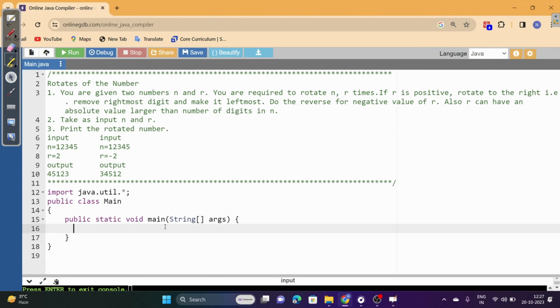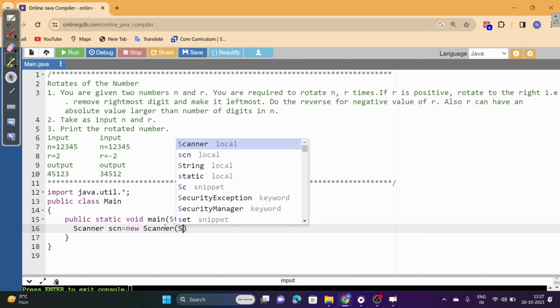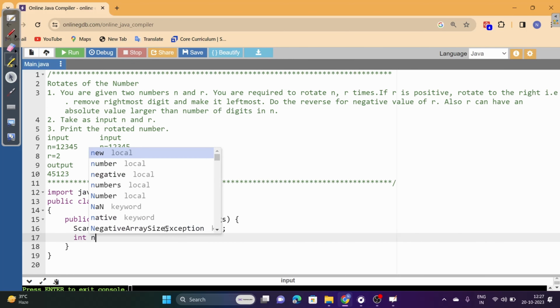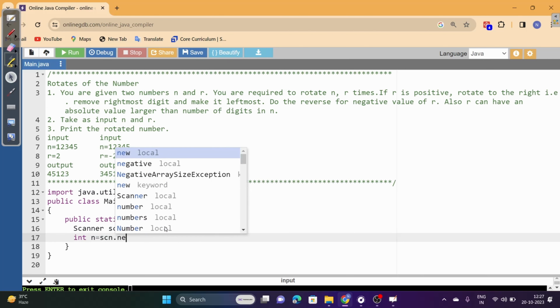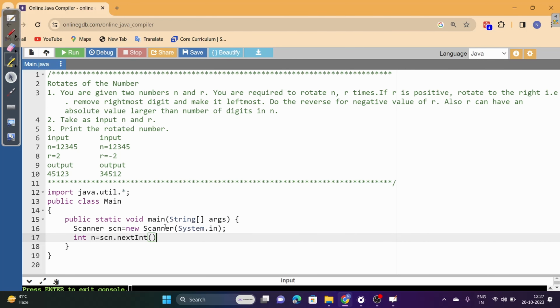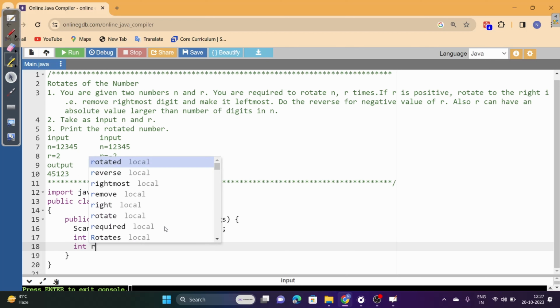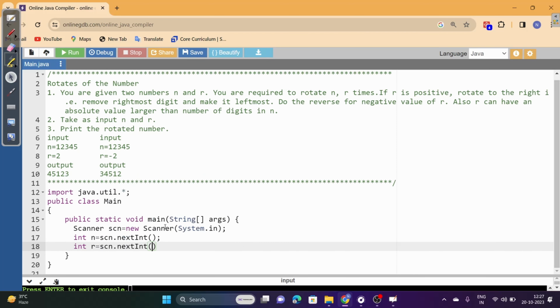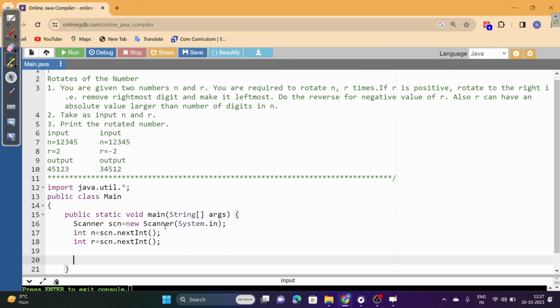First, let's get the input from the user. Scanner sn equal to new Scanner(System.in). Then int n equal to sn.nextInt(), and int r equal to sn.nextInt(). After that, I'm going to find out the count of digits.